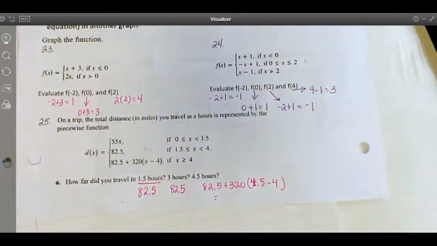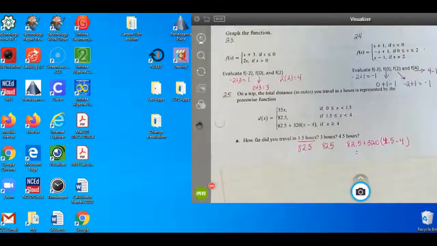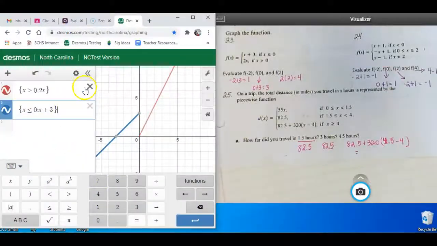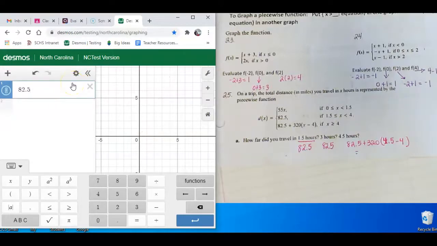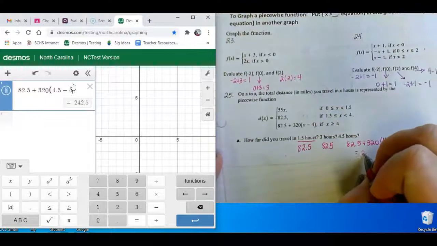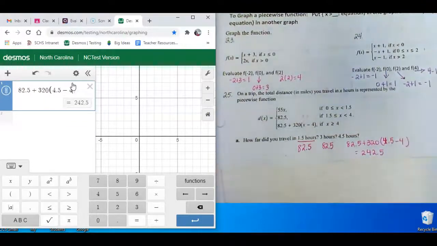And to make sure I don't mess up, I'm going to put that one in Desmos. So 82.5 plus 320 times 4.5 minus 4. And you get 242.5 miles.